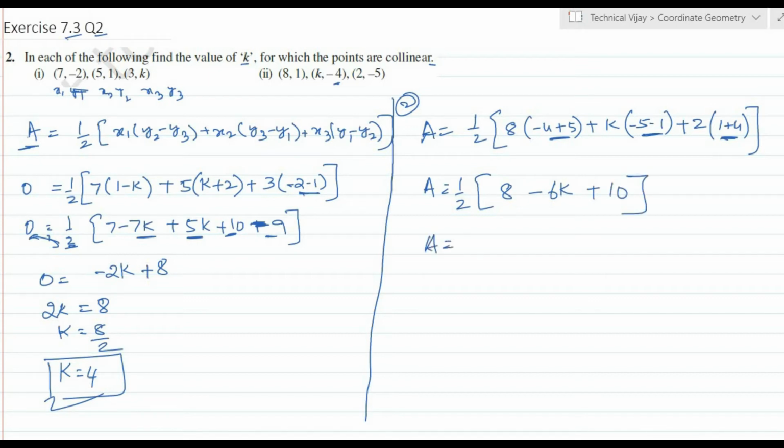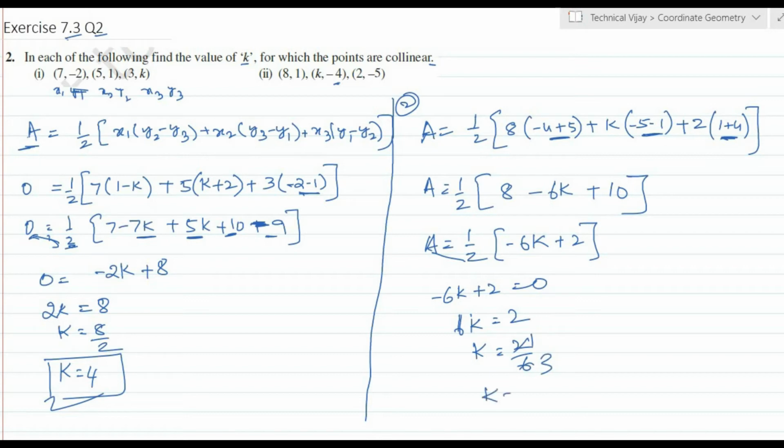So area is equal to half of minus 6k plus 2. So here we make the area 0, so that this 2 also becomes 0. So minus 6k plus 2 equal to 0. So 6k is equal to 2, k is equal to 2 divided by 6. So k is equal to 1 by 3. So this is the value.